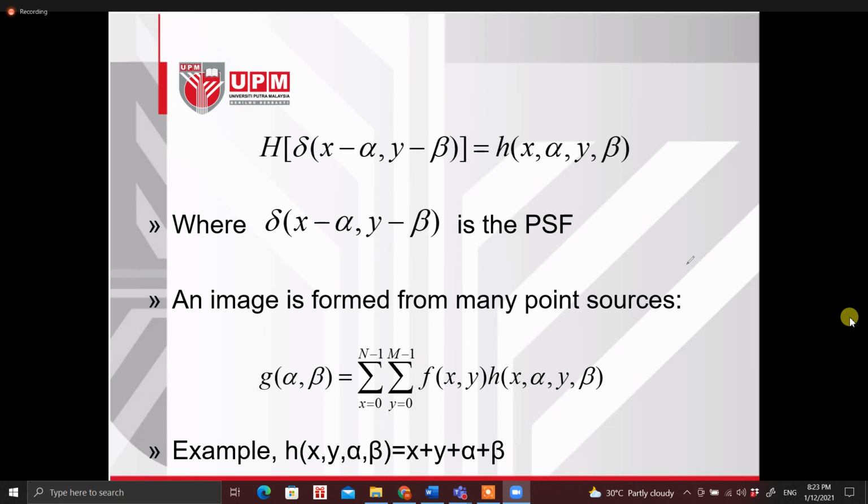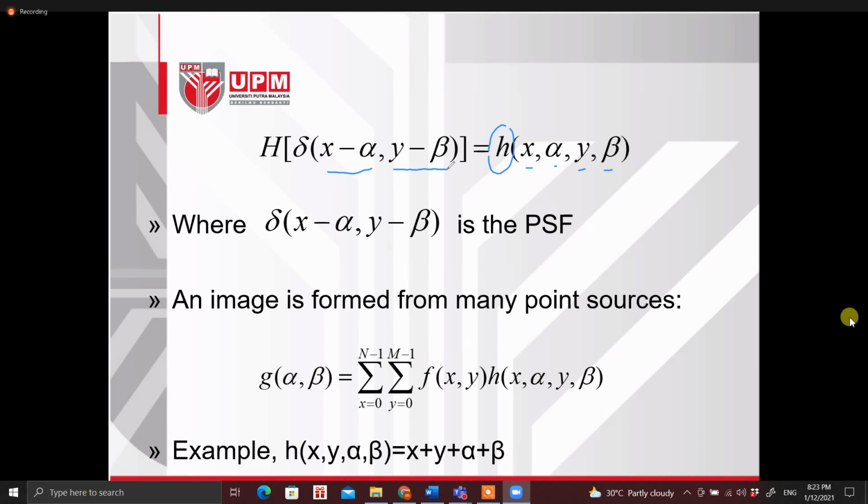So now, this particular h that relies on input at location x and y and output at location alpha and beta can be simplified to become x minus alpha and y minus beta.